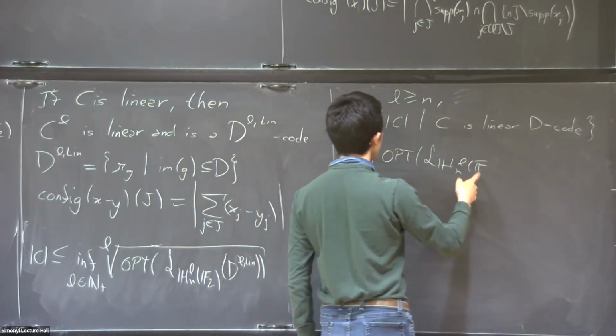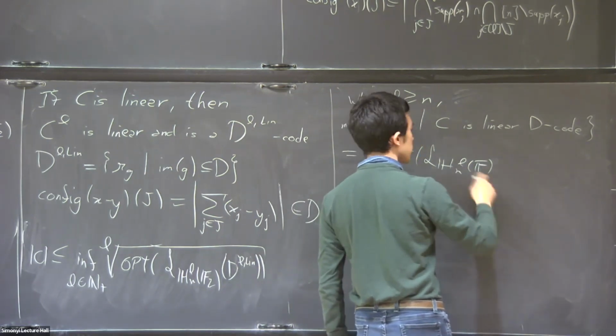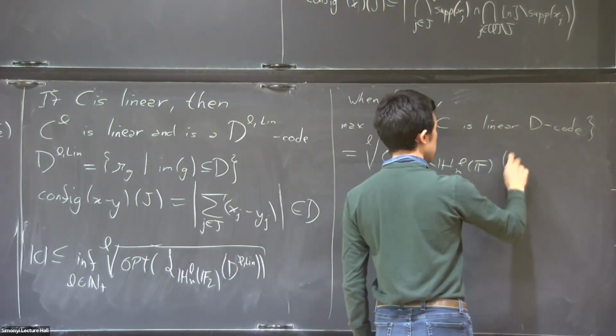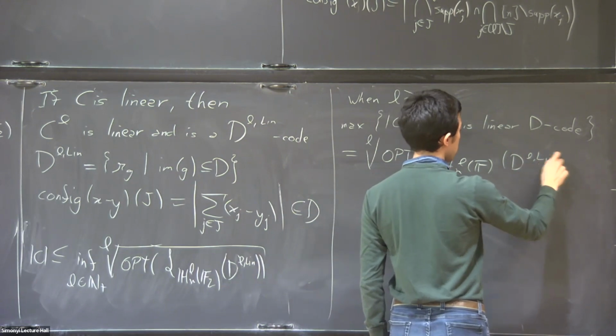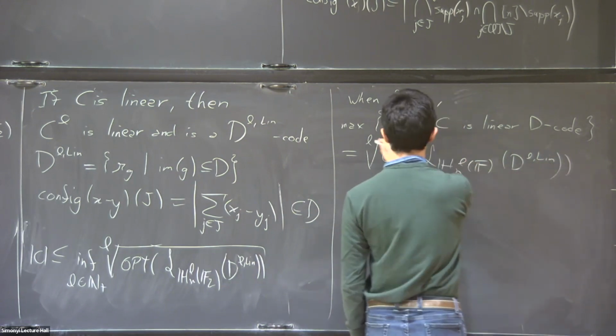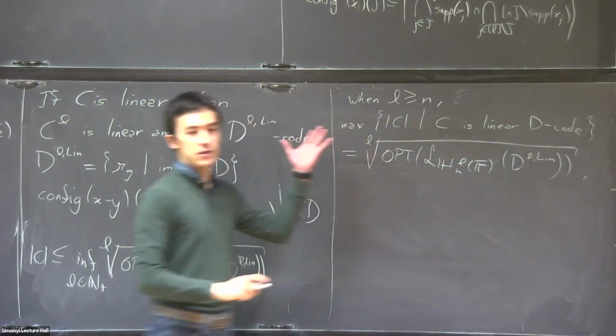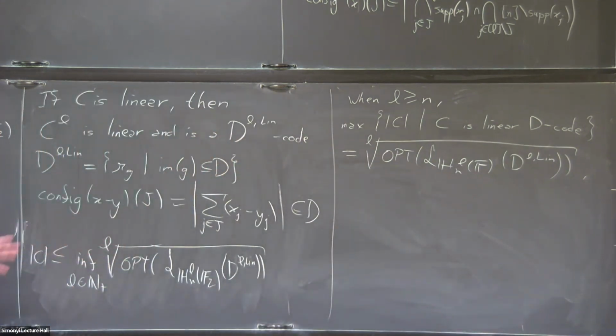I'll even write it for F because it's true for F, even though I didn't actually write it. There's a version of the old one, of course, over there. That's what we'll see in the second part of the talk, but I'll break here.